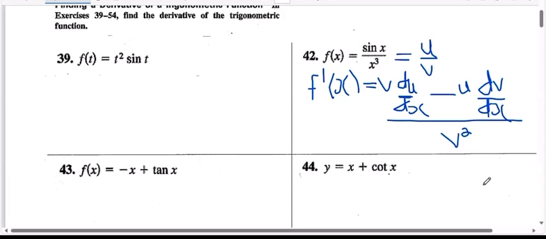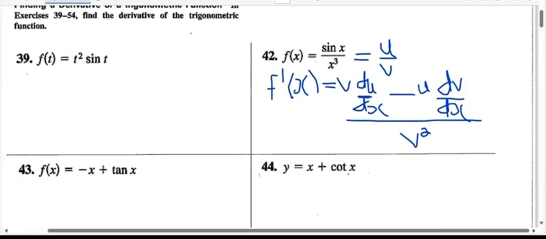If I want to apply this now, I'm going to write v first. Let me borrow a space here.